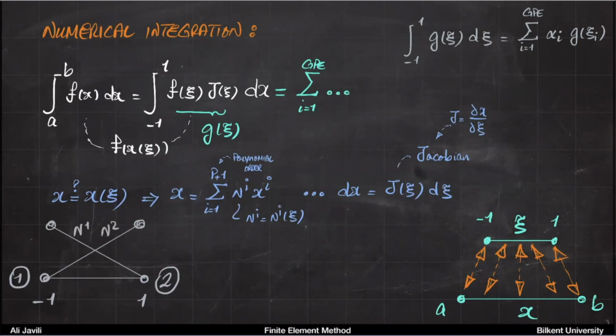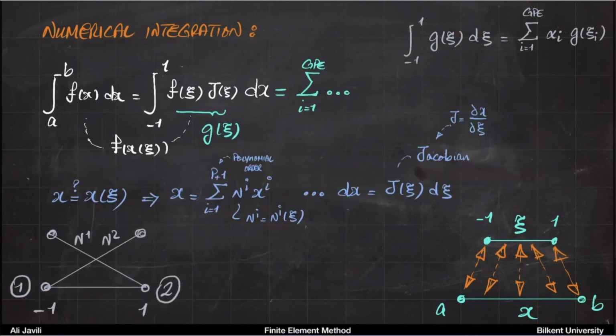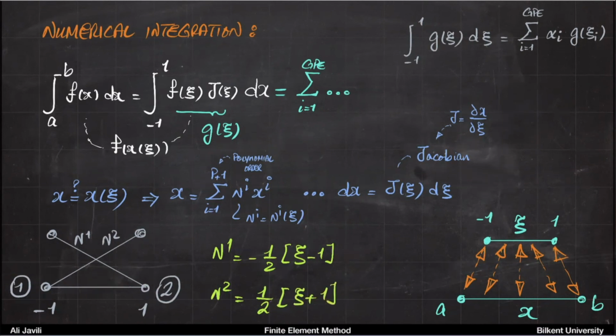It's exactly like we did before, except that now the domain is from -1 to 1. So n1 would be 1 minus 1 over 2 (c minus 1), and n2 would be 1 over 2 (c plus 1). All right, so that's that.